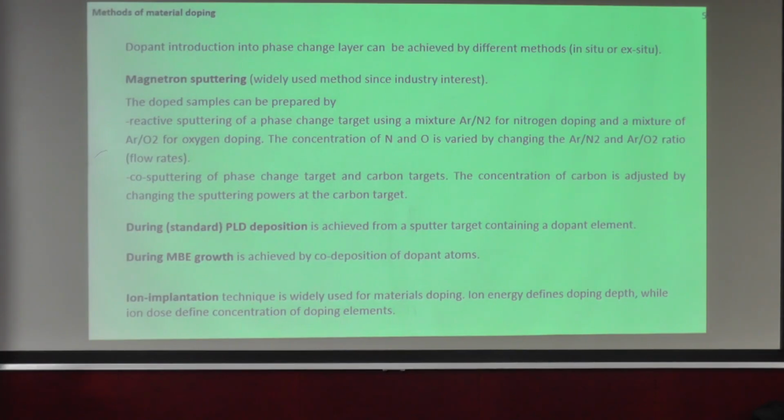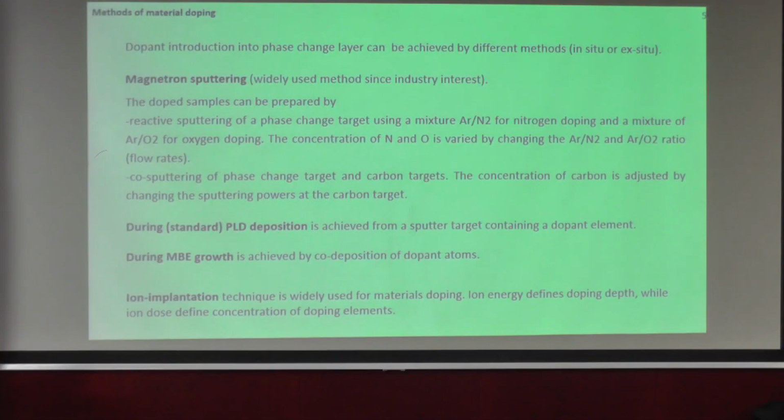phase change materials. With other methods, like PLD, you can use one single target, or you can also introduce some gases into your system, and then you also get doping. During MBE, you achieve co-deposition of different dopant atoms.